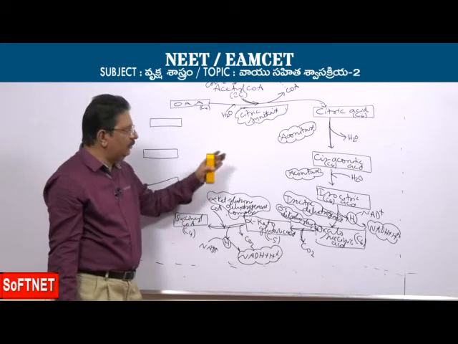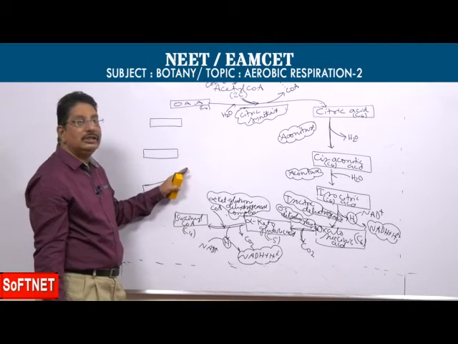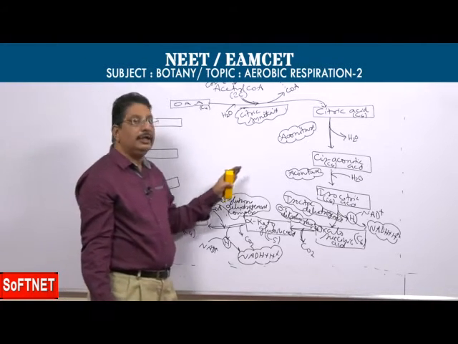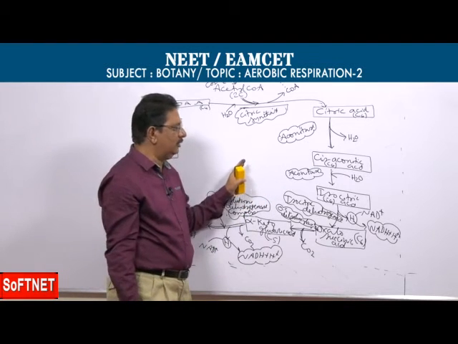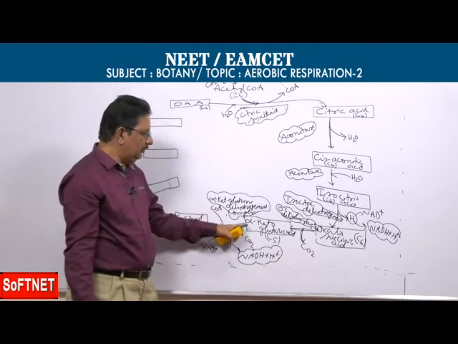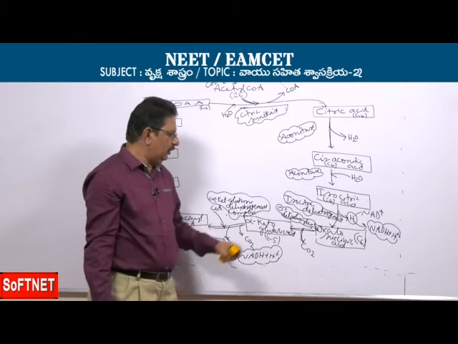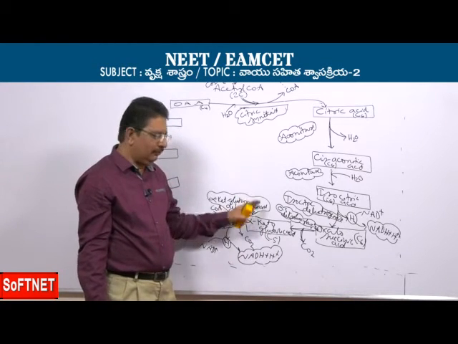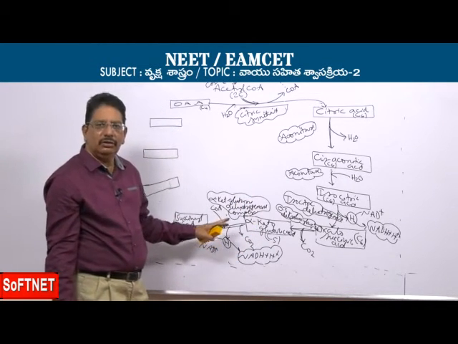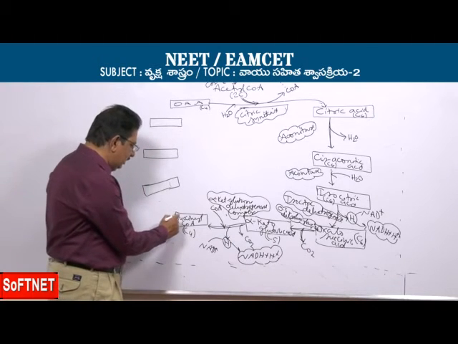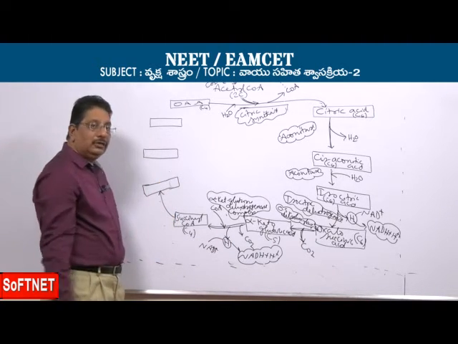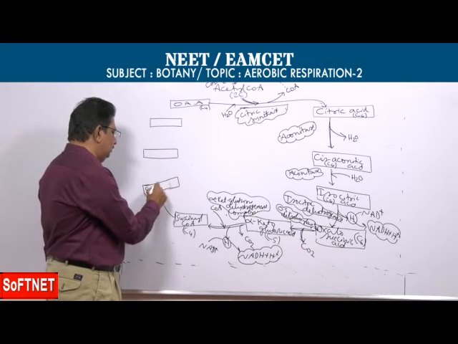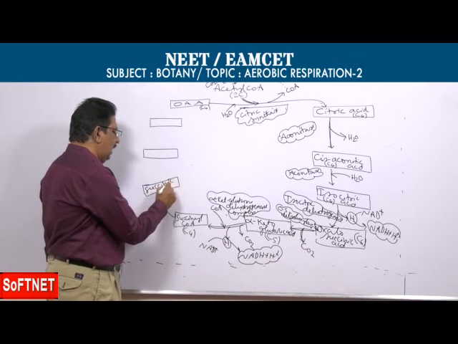In fact, the number of carbon atoms in all these intermediates is going to be an important item as far as MCQs are concerned. So, the first and last C5 compound in Krebs cycle is definitely alpha-ketoglutaric acid.